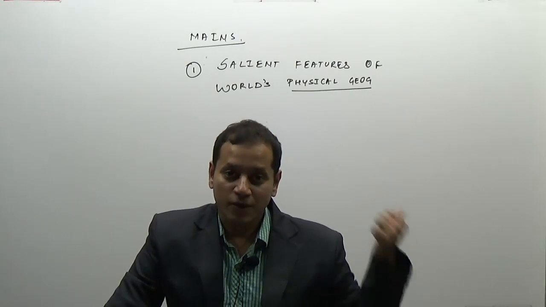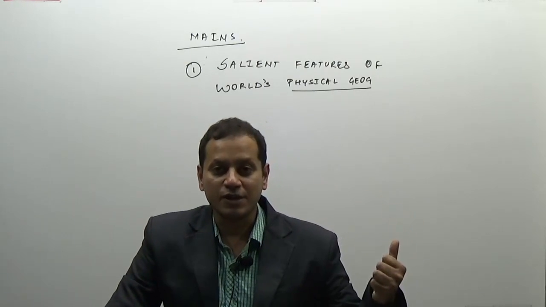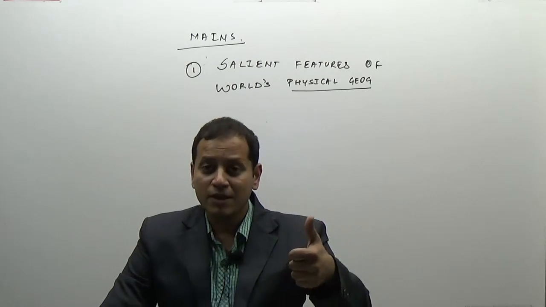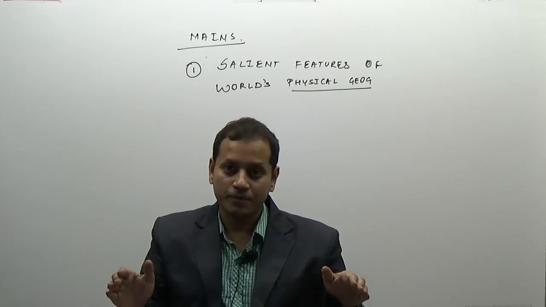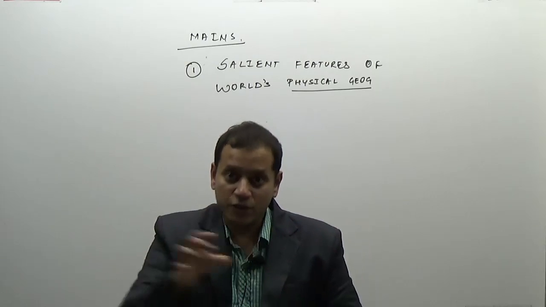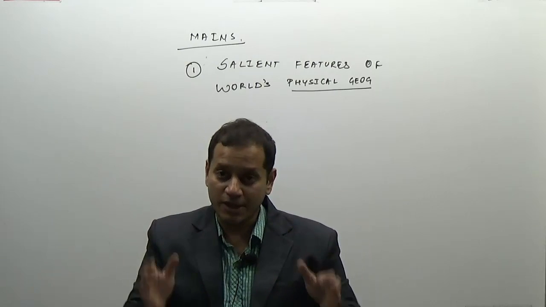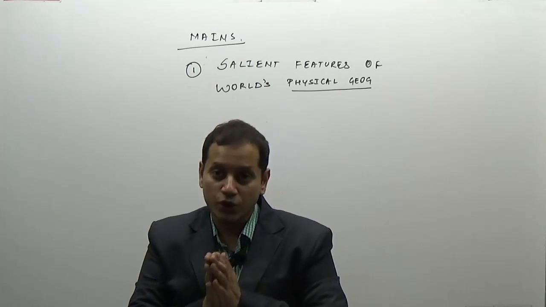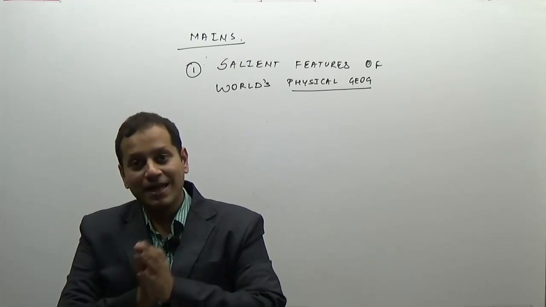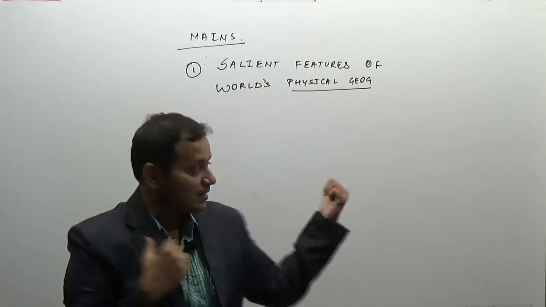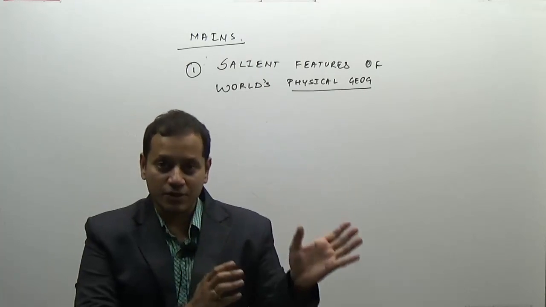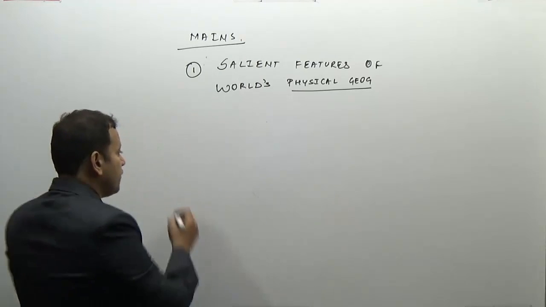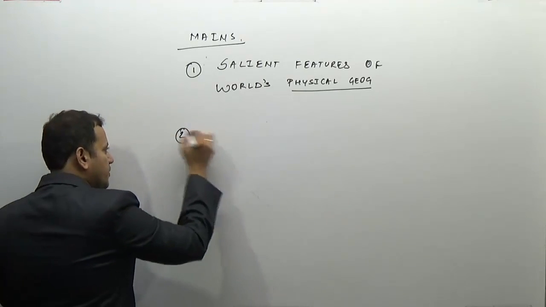So in the salient features of the world's physical geography, we will be studying the landscapes on the earth, the rivers which flow on these landscapes, the climate which surrounds the earth, and oceanography, the oceans and the respective elements, that is the soil or other features. The second topic talks of distribution of key natural resources.